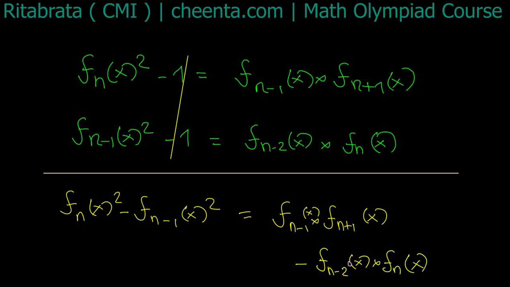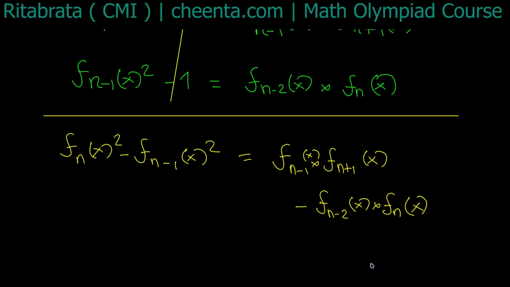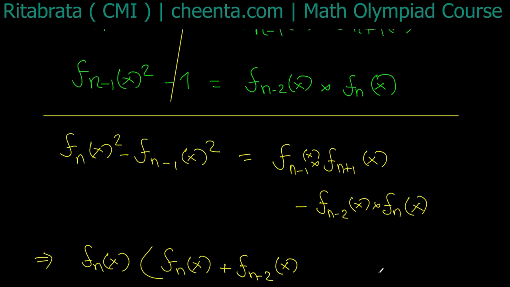Let's try to get the parts of f_n(x) and f_{n-1}(x) together. So what do we get? Taking f_n(x) common, we have f_n(x) times (f_n(x) plus f_{n-2}(x)), and taking this part to the LHS, this should be equal to f_{n-1}(x) times (f_{n-1}(x) plus f_{n+1}(x)).